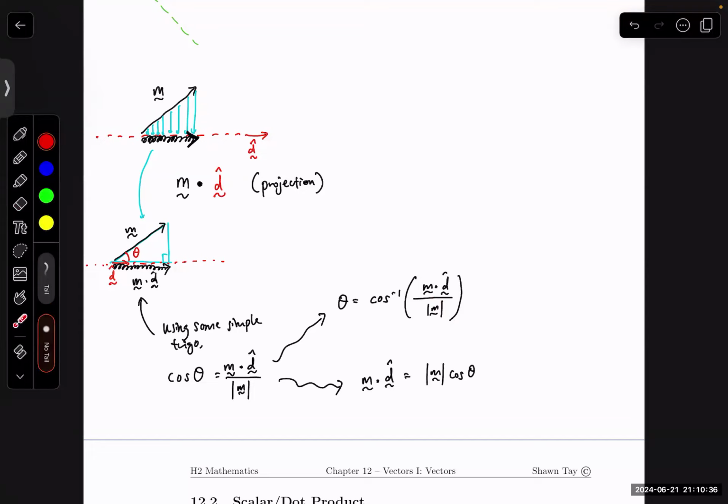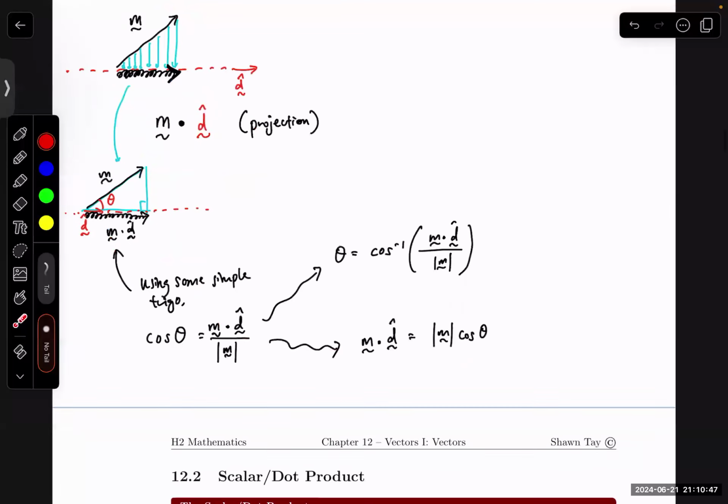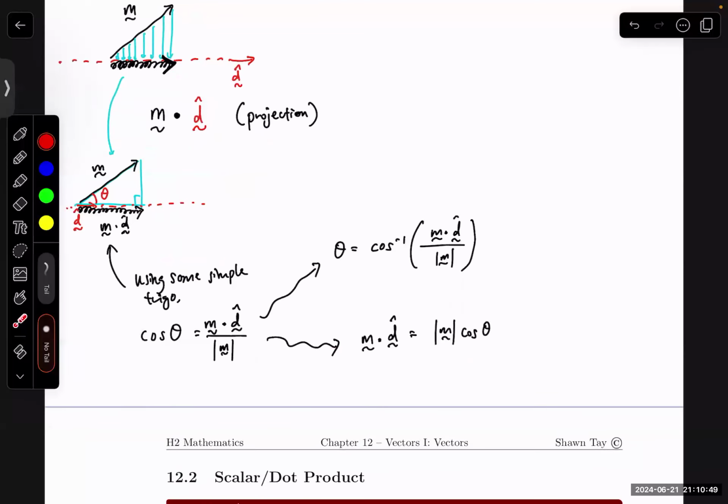Let's think about what the differences are. Let's talk about this one first. The difference is that typically when we do dot product, we don't always dot a unit vector. We usually just dot the vector itself. So let's say m dot d instead of m dot d hat.